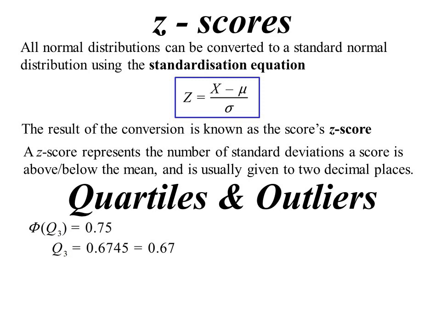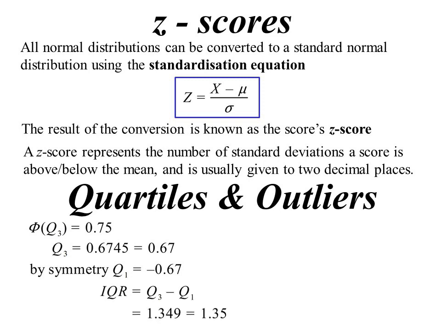Now, by symmetry, that means Q1 must be negative 0.67. And so the interquartile range, that's what we're more interested in, is 1.35.